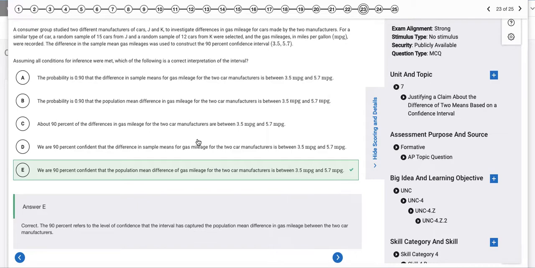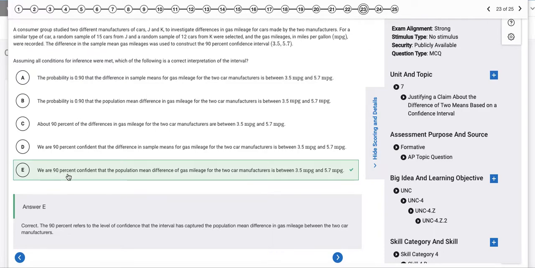This question is asking about, do you really understand what a confidence interval is? Class, for this question, go back to chapter 19, page 434 and 435, really what's on 434. But take a look at what a confidence interval actually is, okay? You may wonder, why is the answer not B? Okay, E is the correct answer, but why not B?